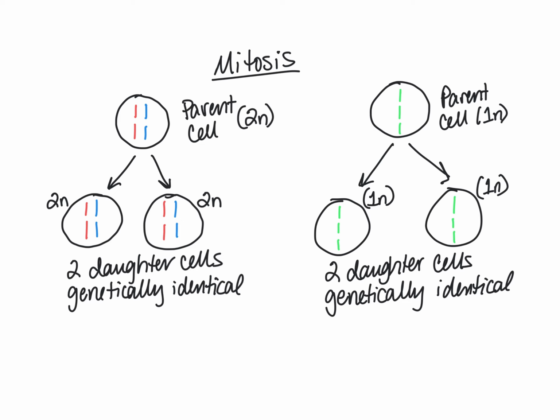So the main thing to keep in mind here is that if the parent cell is diploid, the daughter cells are also going to be diploid. If the parent cell is haploid, the daughter cells are also going to be haploid.